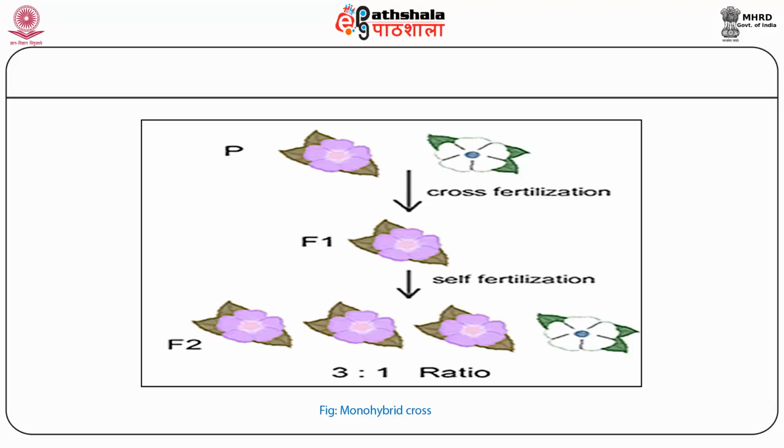By cross fertilization of white flowered plant with purple flowered plant, Mendel got F1 generation with all purple flowered plants, and when he allowed self fertilization of F1 plants, he got F2, which have 3:4 of purple flowers and 1:4 of white flowers.